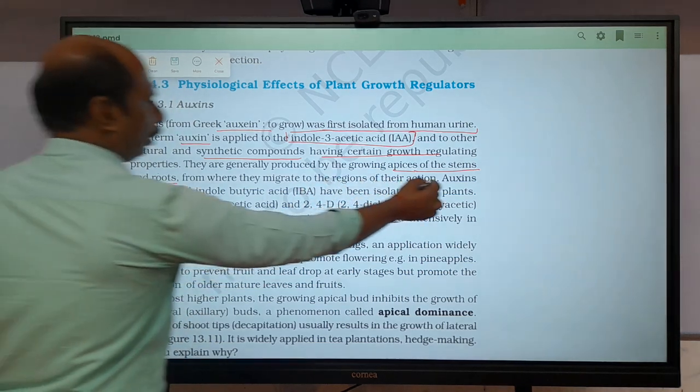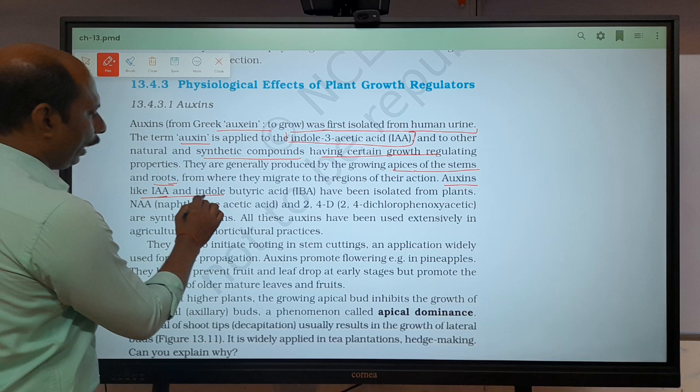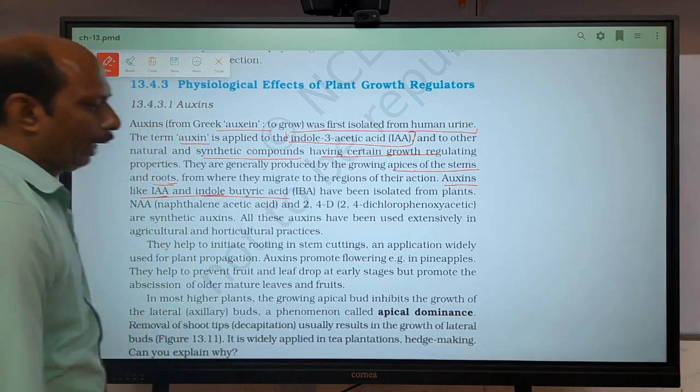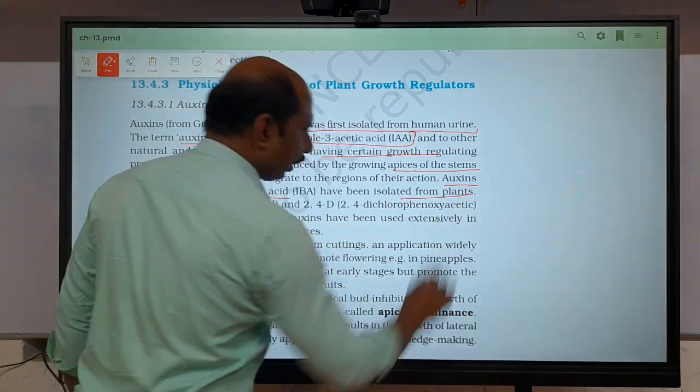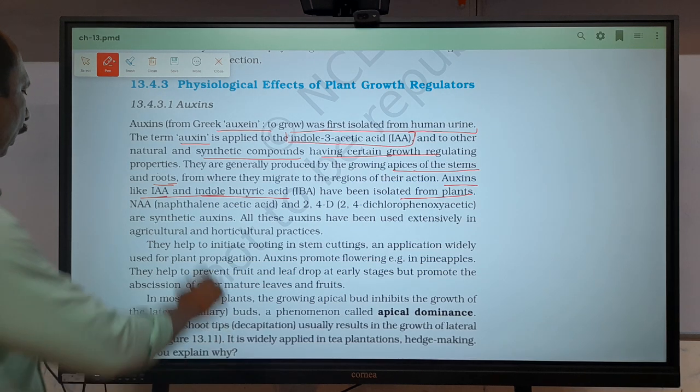Auxins like IAA, indole-3-acetic acid, and indole butyric acid, IBA, have been isolated from plants because they are natural, so they are formed inside the plant, right?